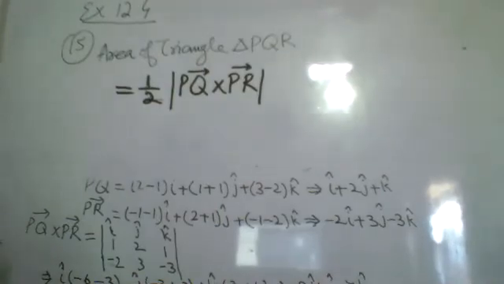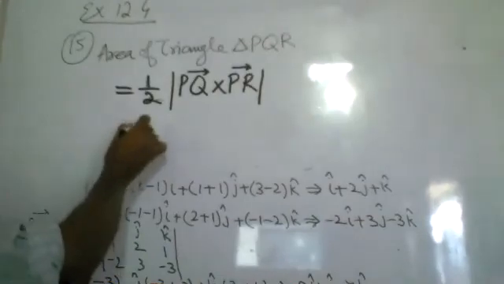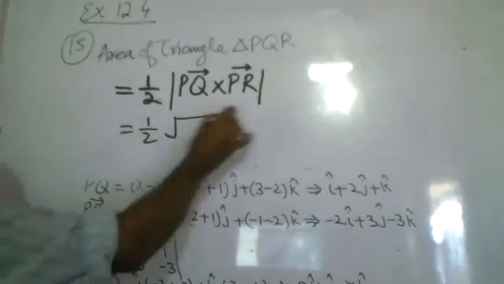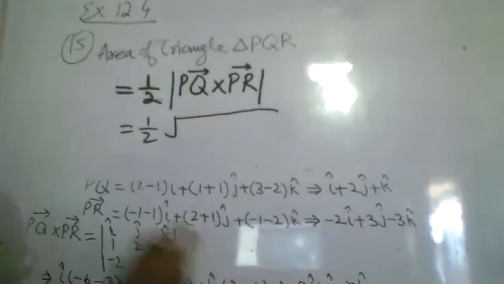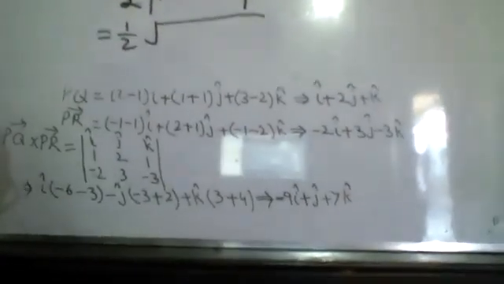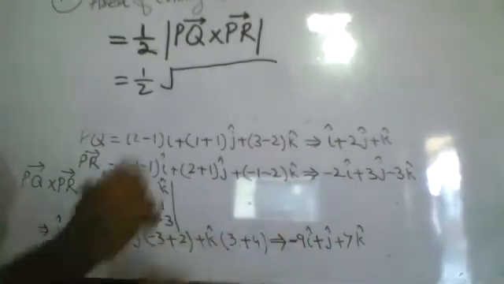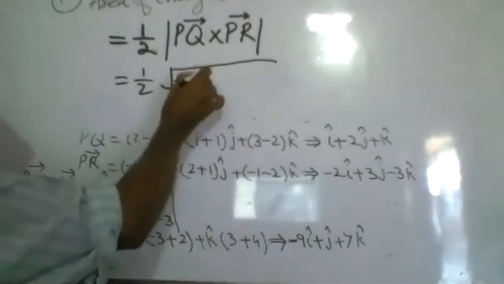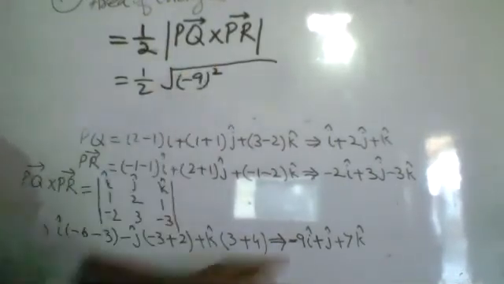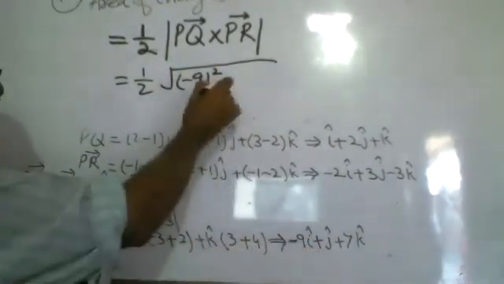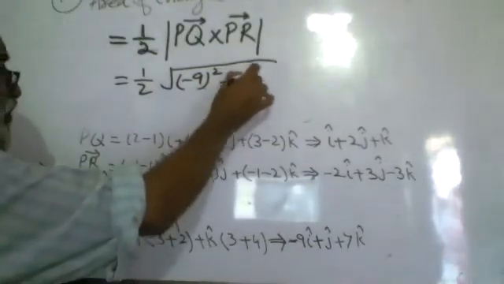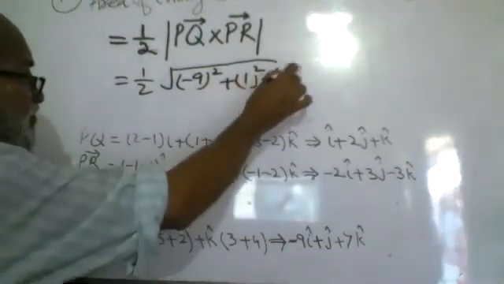So the magnitude is 1 over 2 magnitude, (-9) square plus 1 square plus 7 square.